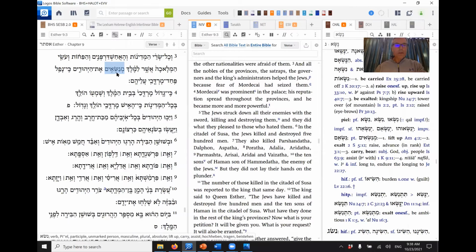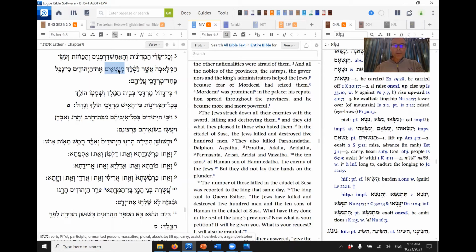This is the participle that's actually doing the heavy lifting for telling the story. The doers of the work, which belong to the king. The lamed there is possession, the king's work, doers of the king's work. They were helping, they were lifting up the Judeans.